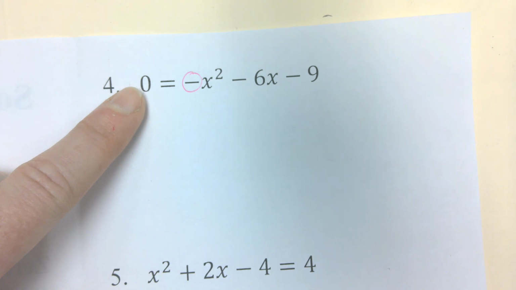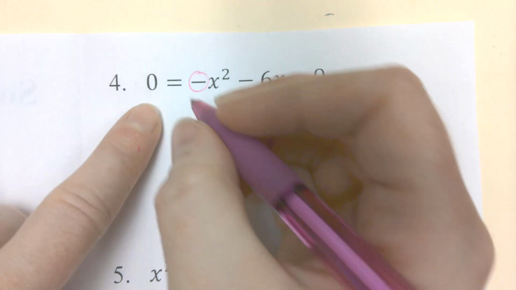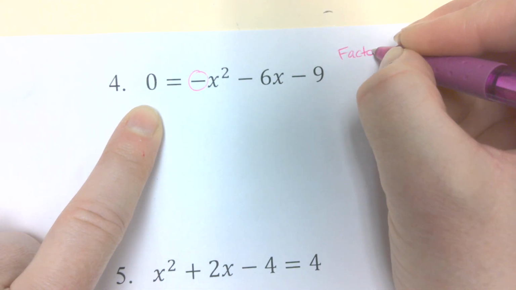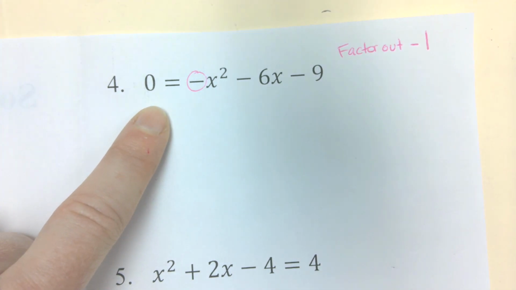So let's do this first. Because it's not listed as our two binomials, we've got to create our two binomials. So factor out -1. When you factor out a -1, that's going to change all of your signs to the opposite sign.